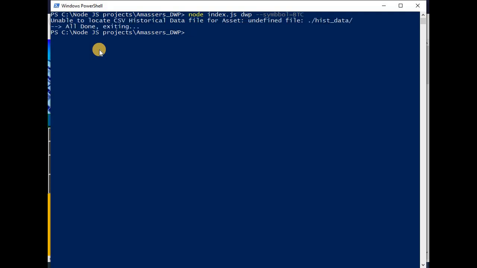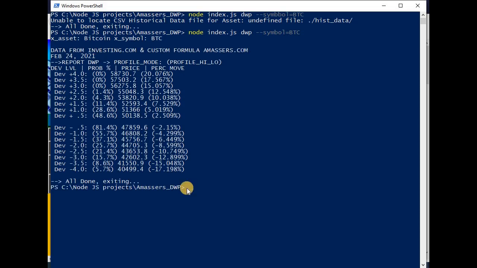BTC. Oops, I screwed it up. What program are we using? Index.js, DWP. The symbol. And this will go through, collect the data, and give me my deviation levels for that day.